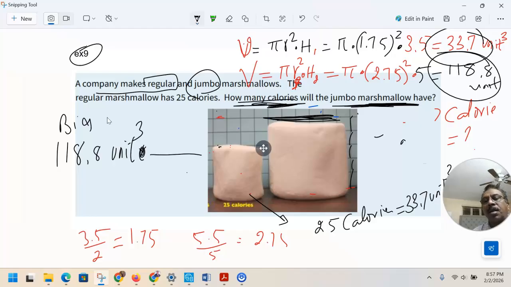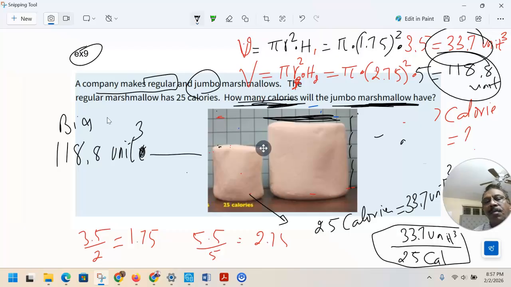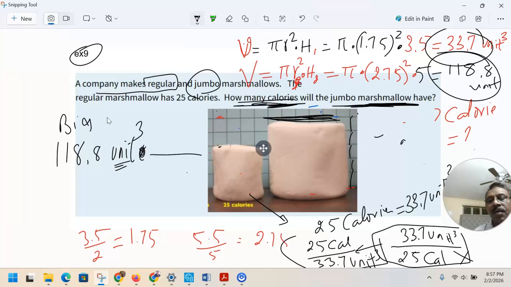If I divide 33.7 unit cube by 25 calories, that will be one of the rates. But because there's a unit cube up here, this will not help. So what you can do is the other one. You write 25 calories up and divide by 33.7 unit cube down. This will be the one that we are going to use here.